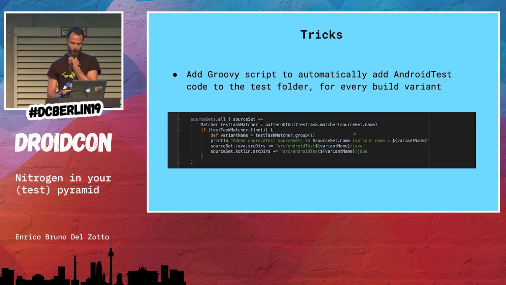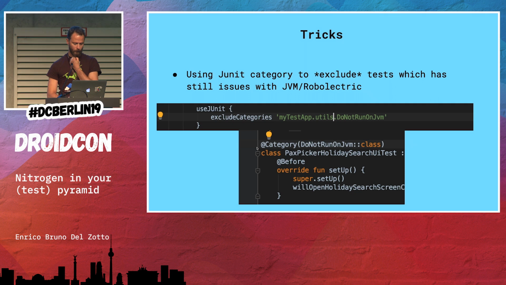And this is the script that I told you before, in which we are using a pattern in order to identify which is our build variant name. And as soon as the build variant is found, we are adding it directly to the Java source dir. And when you are using the category, you can specify directly in your class which test can run or not with some build variant.